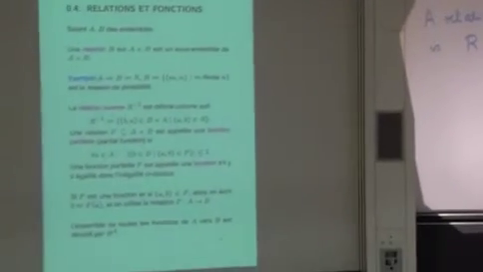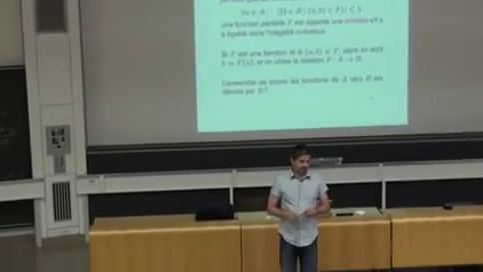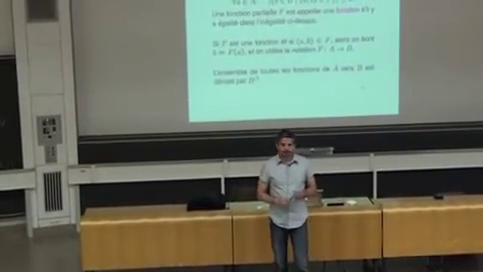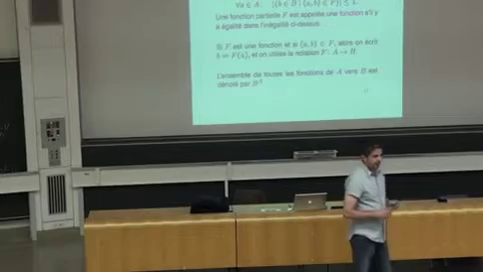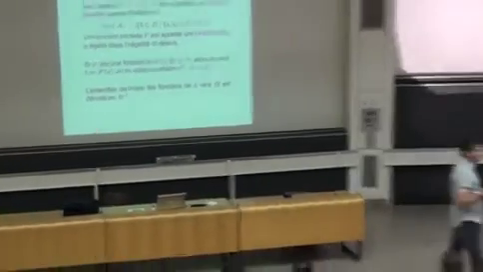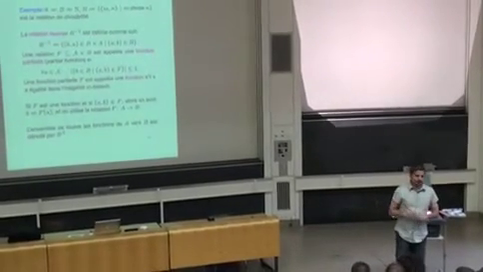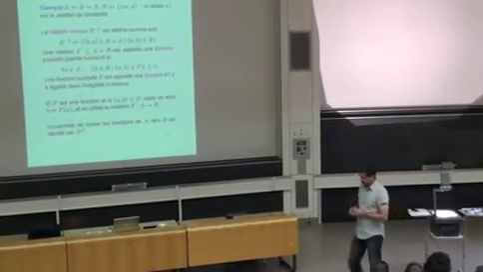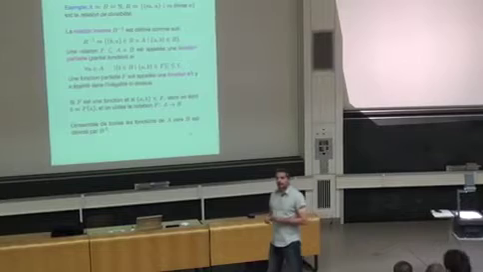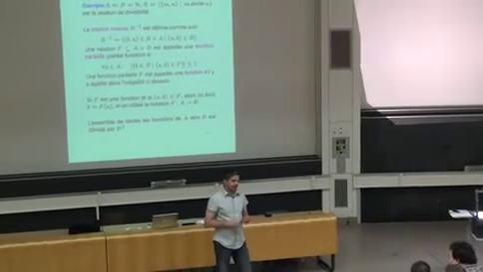let's look at the relation of neighboring in this classroom. I want to describe the fact that one of you is the neighbor of the other. So this is very simple. The set A is the set of all the students in this classroom.